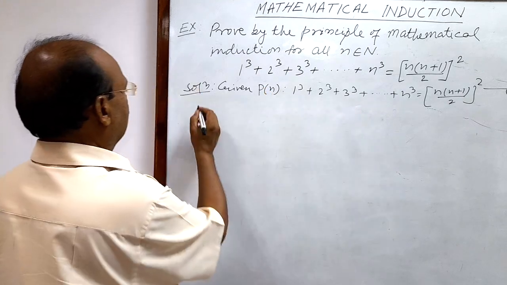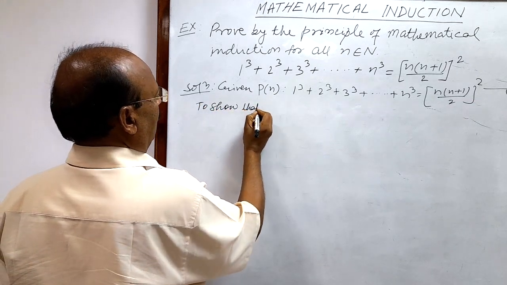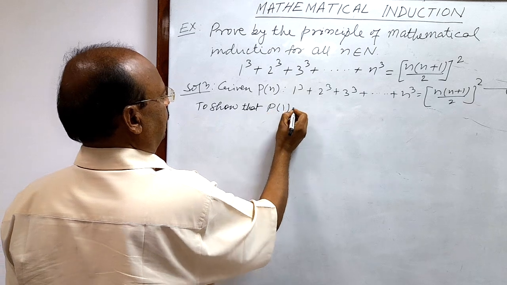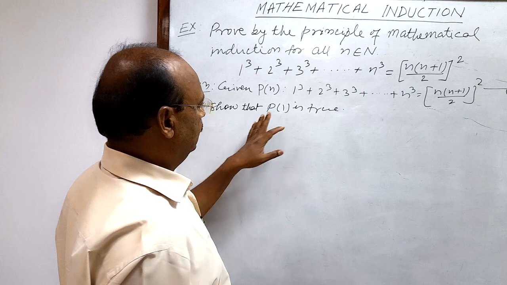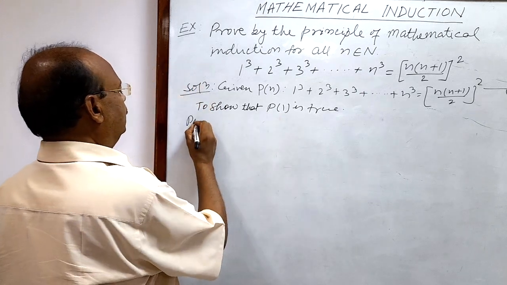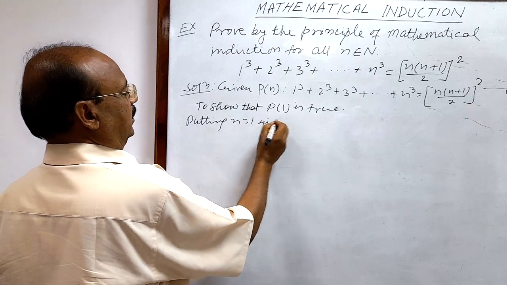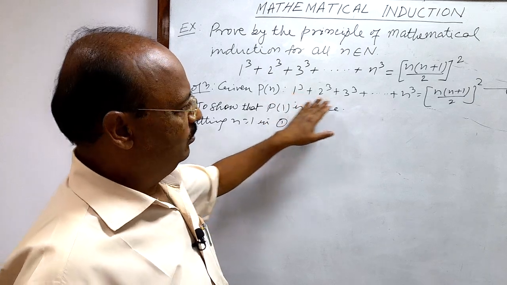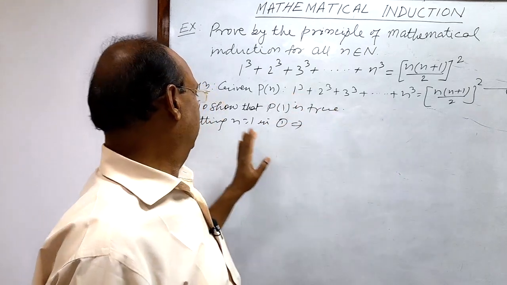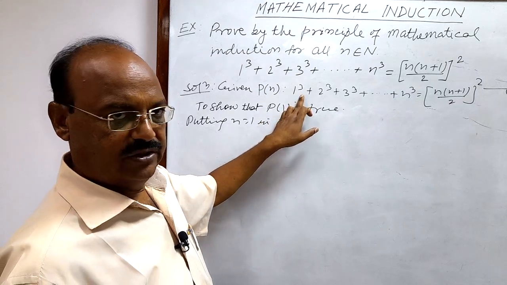Okay. So now to show that P1 is true, and for getting P1 we put n is equal to 1 in relation number 1. So here the total number of terms is n, but whenever we put n is equal to 1, we have to take only the first term here.